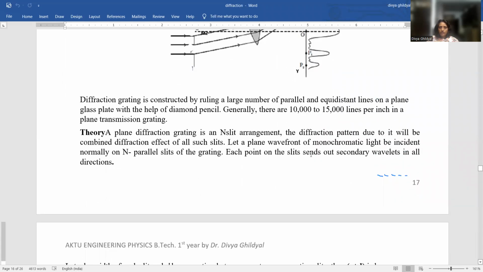So a diffraction grating is constructed by ruling a large number of parallel and equidistant lines on a plain glass plate with the help of a diamond pencil. Usually the ones used in the laboratory have lines like 12,800, 15,000, or 10,000 lines per inch.